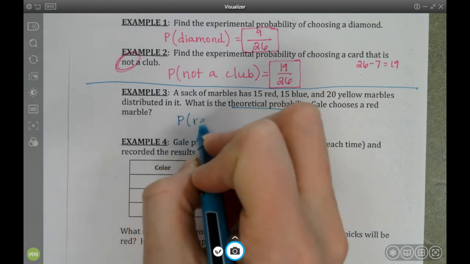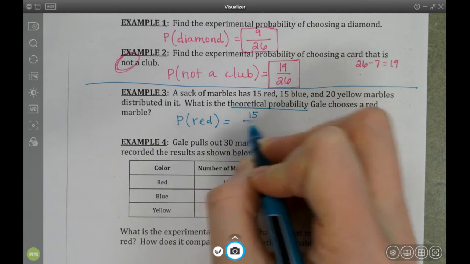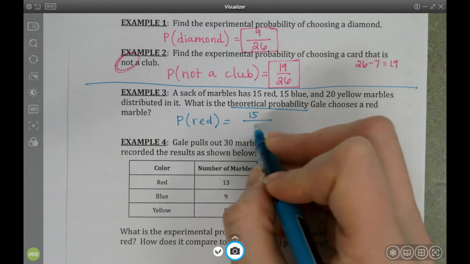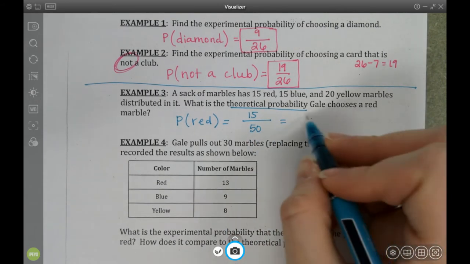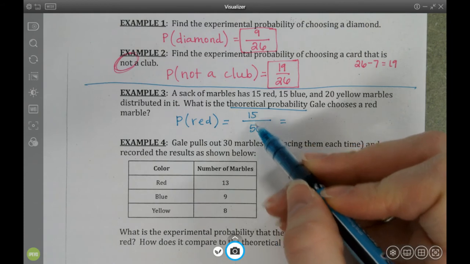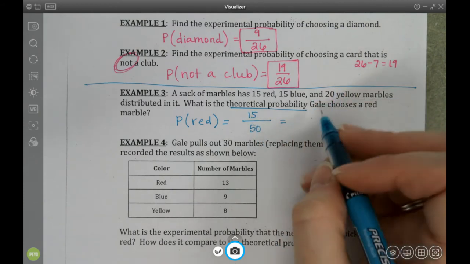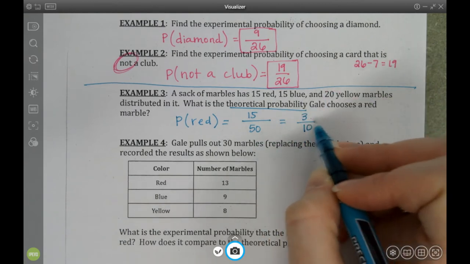Does that simplify? They're both divisible by 5. 15 divided by 5 is 3, and 50 divided by 5 is 10. So 3 out of 10.